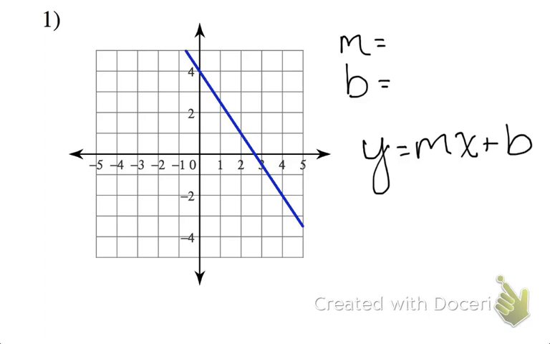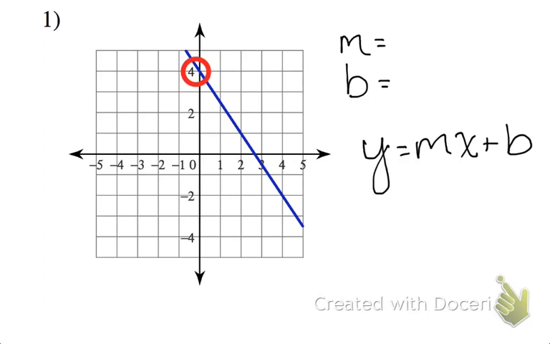Okay, please remember that I said yesterday, slope is, well, we know how to find slope, we've done that, but yesterday I said the y-intercept is where a line crosses the y-axis. Well, if we look on this particular graph, this line crosses the y-axis, and it happens to cross at this particular point.